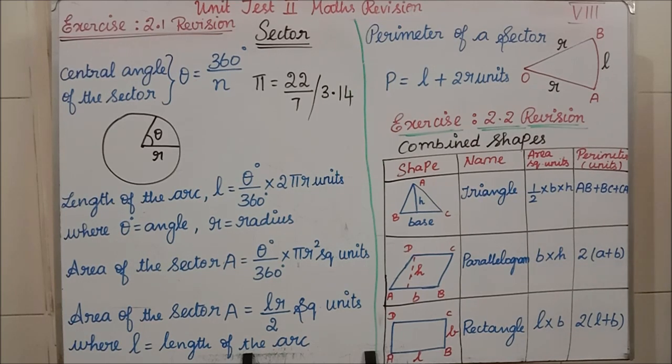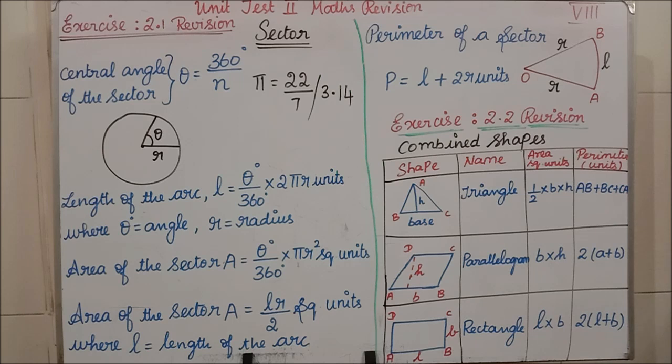Clear, students? Now see, these are the few formulas I have written. Some formulas are given in your book in the tabular column, which you have already written in your classwork also. Now you have to go through all the formulas. For your information I have written only three formulas, but you have to learn all the formulas. The first formula is triangle. Whenever they ask to find the area of the combined figure, you have to use the area formula.